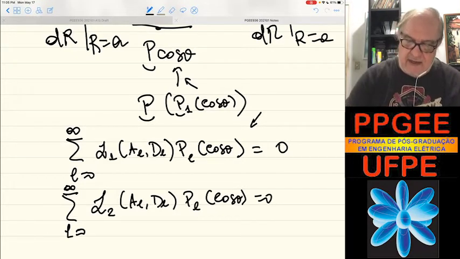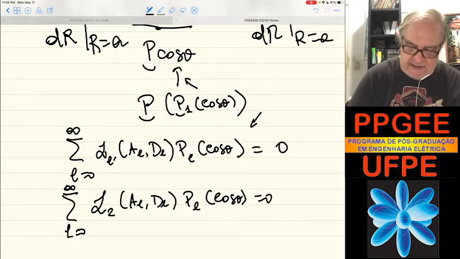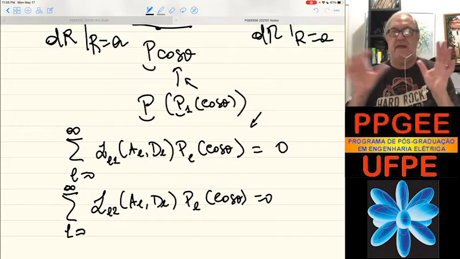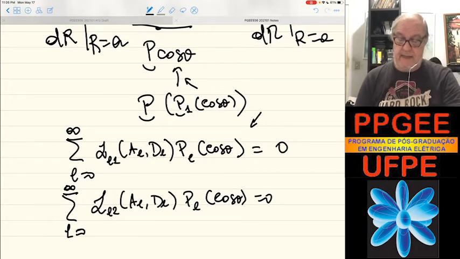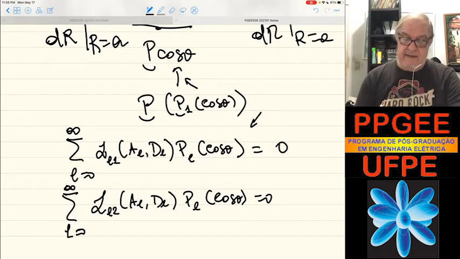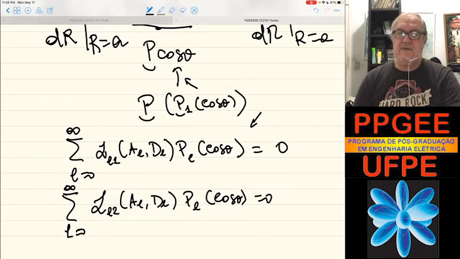Let's call this L1. This depends on L, okay? I'm going to call this one L2. So a linear operator, a linear function, let's say. The only ones, in fact, not equal to 0 are something like this.